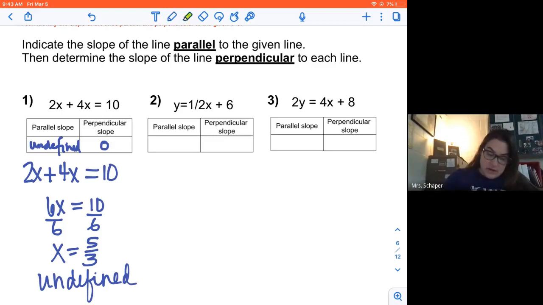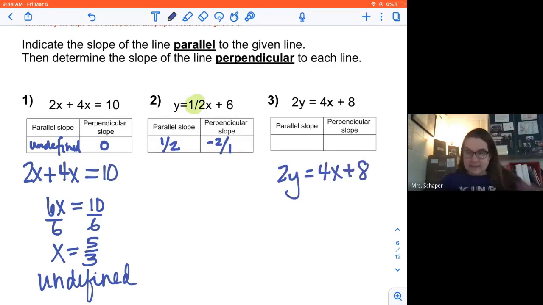The next equation, it's already in y equals mx plus b. So my m is 1/2, that's the slope. So the parallel slope is going to stay at 1/2. The perpendicular slope is going to flip it and take the opposite. All right, flip it and take the opposite. This last equation, it's not written in slope-intercept form, so we're going to practice that again.